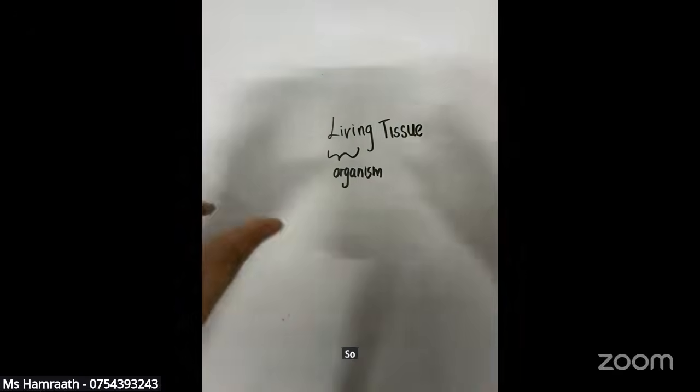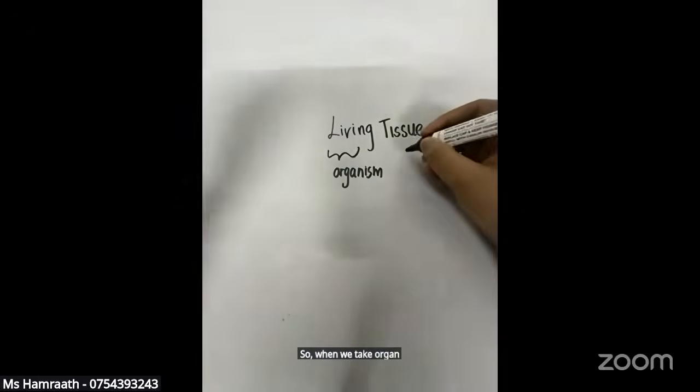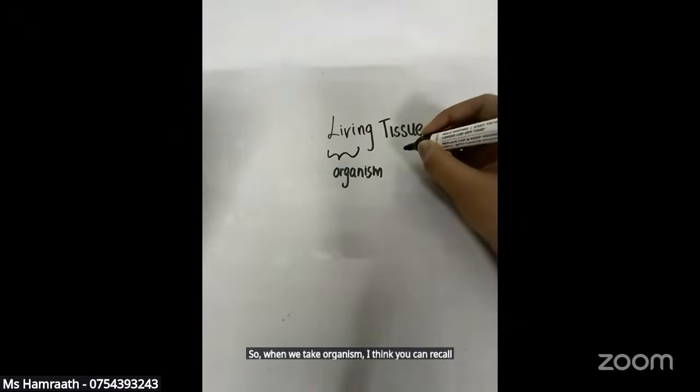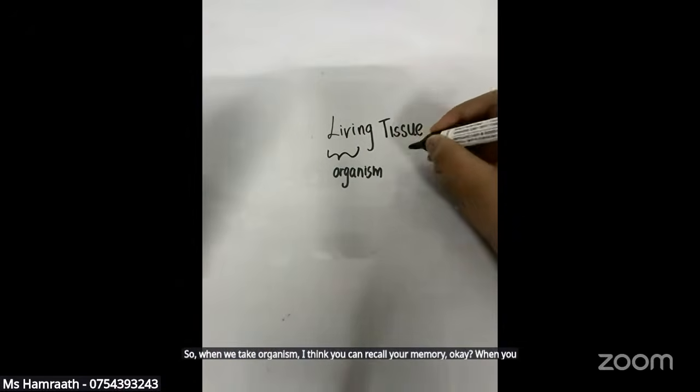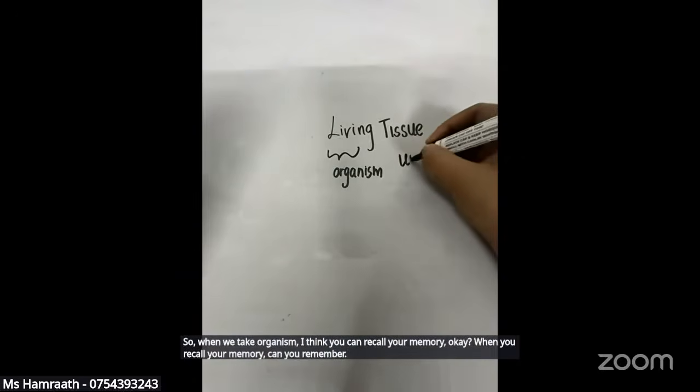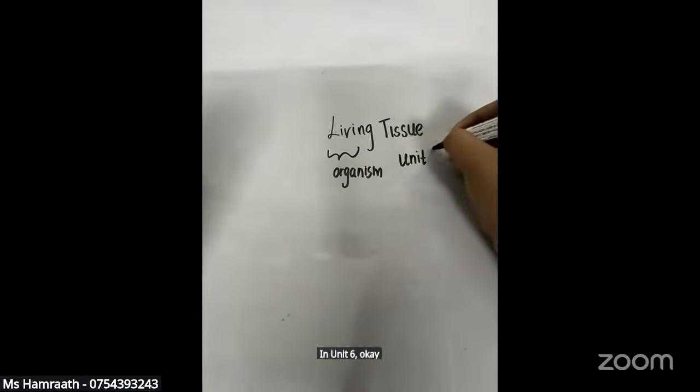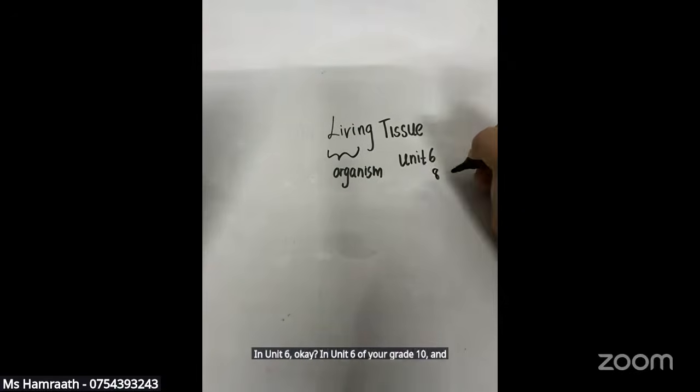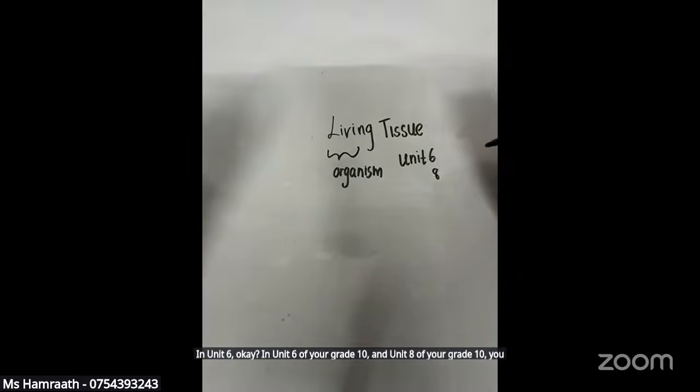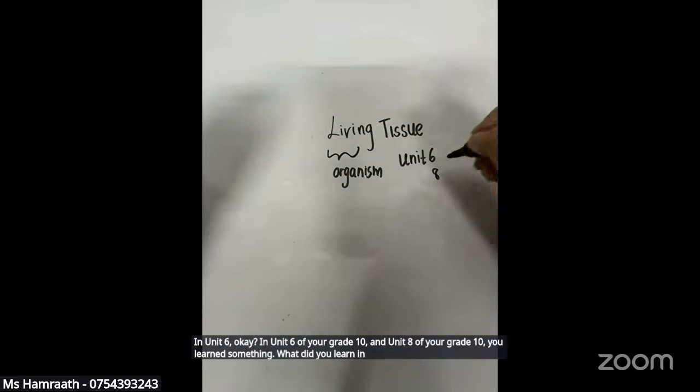When we take organisms, I think you can recall your memory. In unit 6 and unit 8 of your grade 10, you learned something. What did you learn in the grade 10 biology lesson?